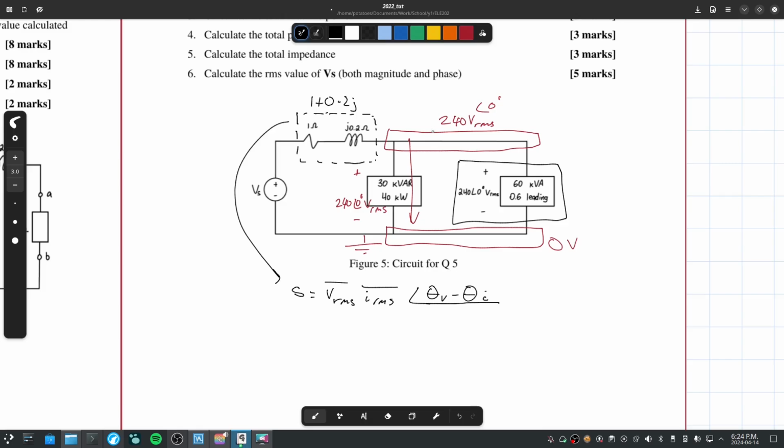So we need to find the voltage across and the current across. Well, we can find the current because we can use this node here, right? We can use Kirchhoff's current law. This is getting a little bit crowded, so let me just remove this. The current here is being split two ways, right?